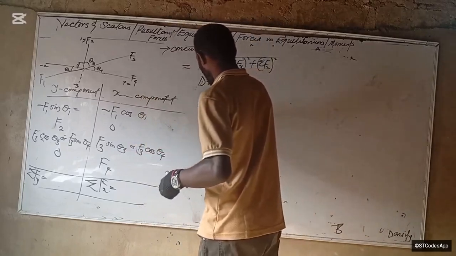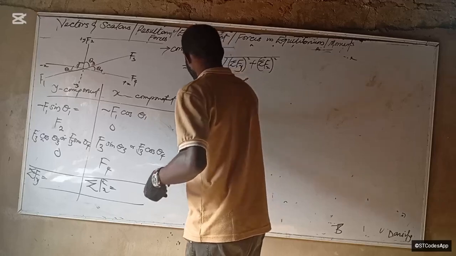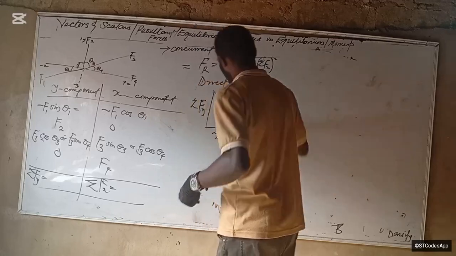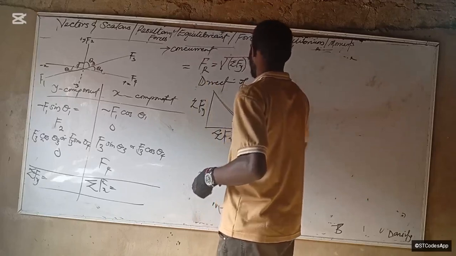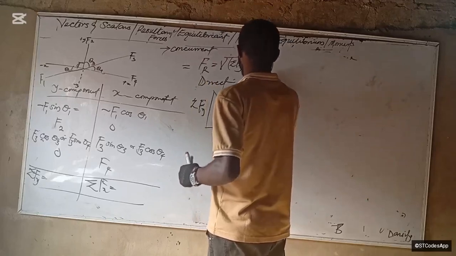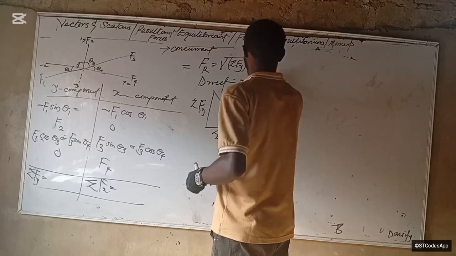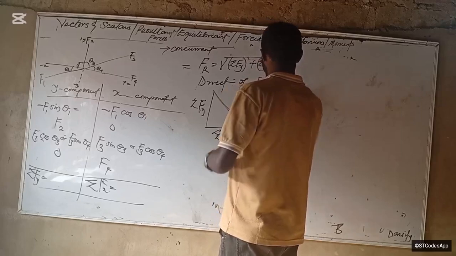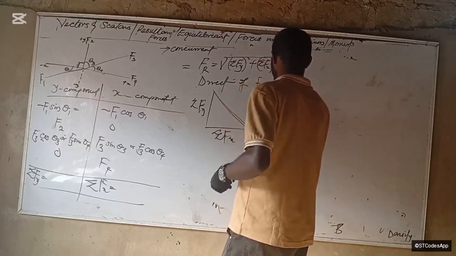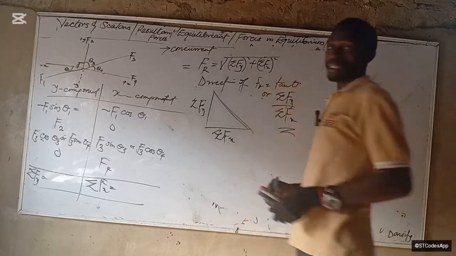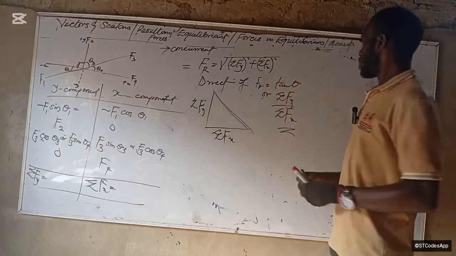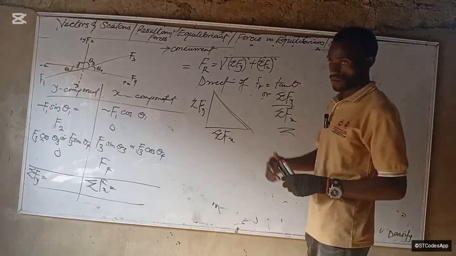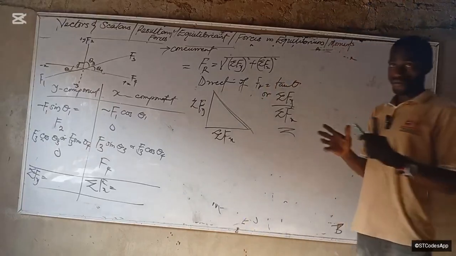If this is summation F sub y and this is summation F sub x, direction of what? Tan theta. Is that okay? Direction of force F sub r will be equal to tan theta, or summation F sub y over what? Summation F sub x. Is that clear? Are we good? Alright.